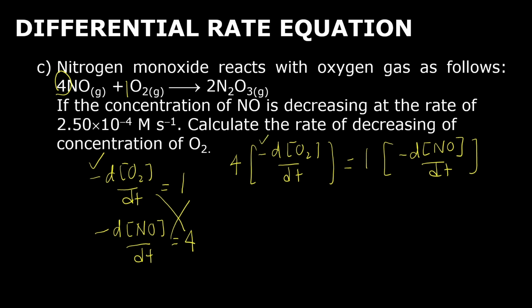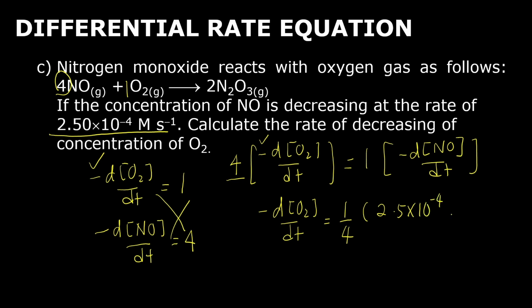So that means mathematically we can bring over to the right the 4 to give us the rate of decreasing of oxygen equal to 1 over 4 the rate of decreasing concentration of nitrogen monoxide, which is given in the question as 2.5 times 10 to the power of negative 4 molar per second, to give us the answer as 6.25 times 10 to the power of negative 5 molar per second, the rate of decreasing concentration of oxygen.